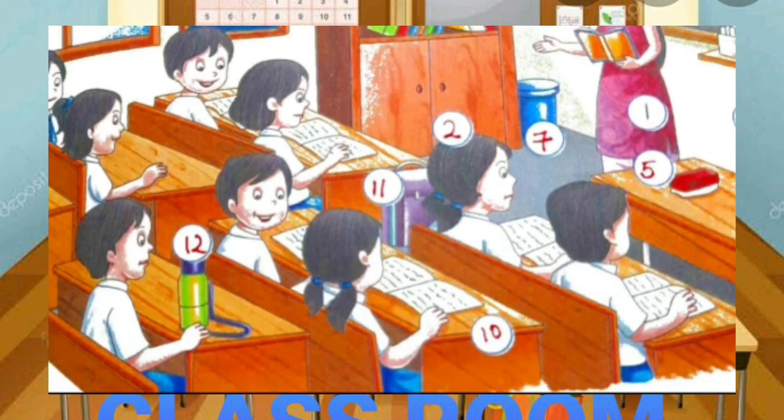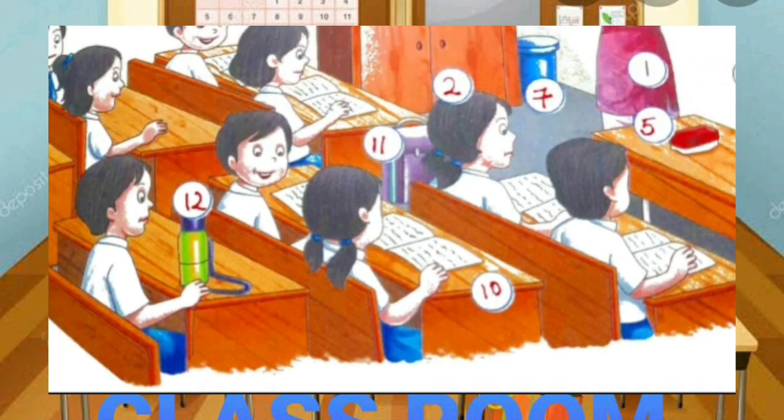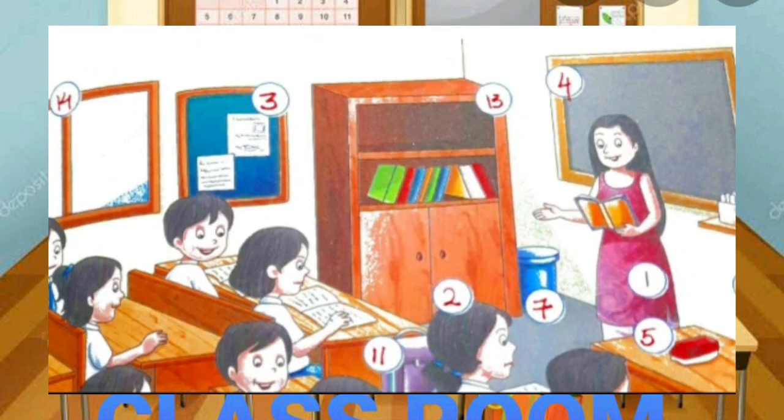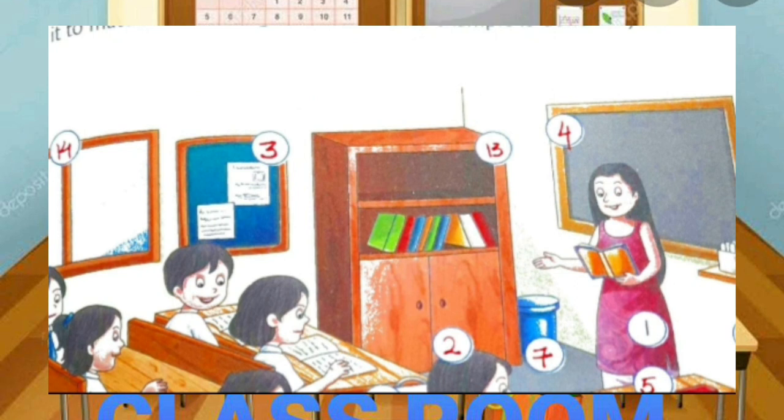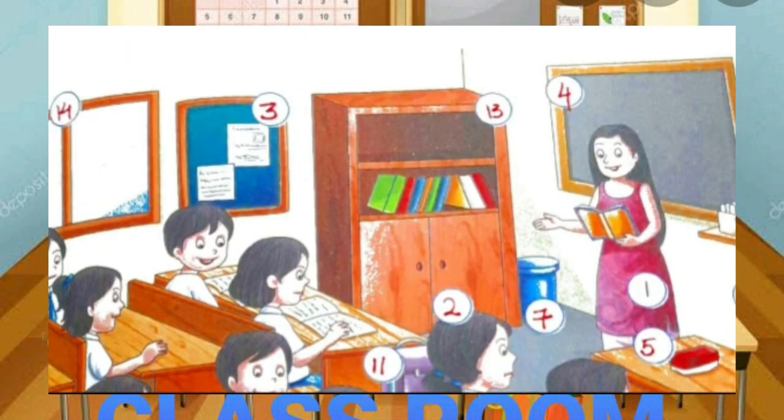There are also books with the teacher and books with the students, but it is not mentioned here. Then cupboard for keeping extra books, dustbin for throwing your waste things, notice board for keeping your drawings and chart papers and activities there. You can also keep your timetable on notice board.